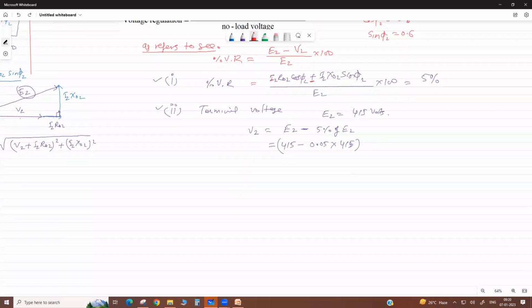As referred to primary side, the voltage regulation is: we take I1 R01 cos phi 1, and at lagging power factor it is plus I1 X01 sin phi 1.